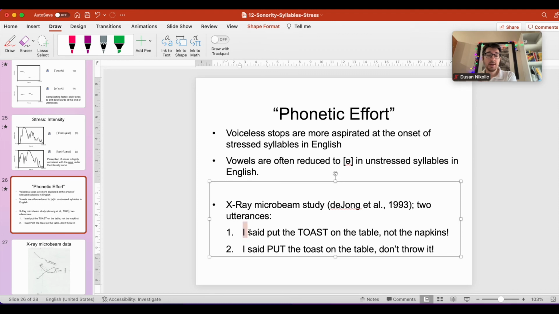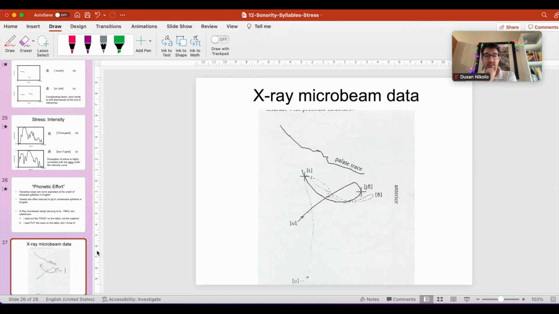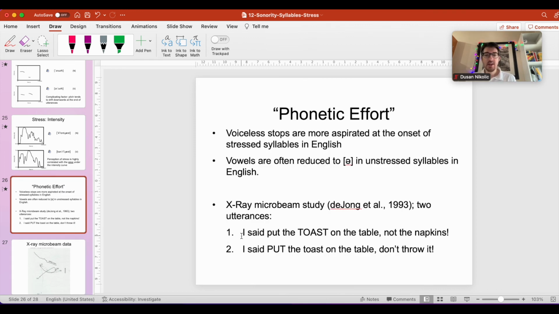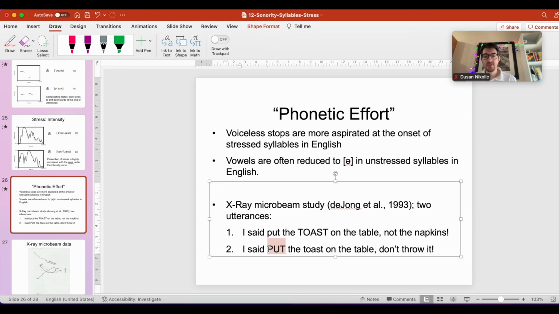So the experimenter placed these little pellets on people's tongue and observed how they produced these two sentences. I said, put the toast on the table, not the napkins. I said, put the toast on the table, not the napkins. And that's where the emphasis lies in the second sentence. In the first sentence, it lies on toast.